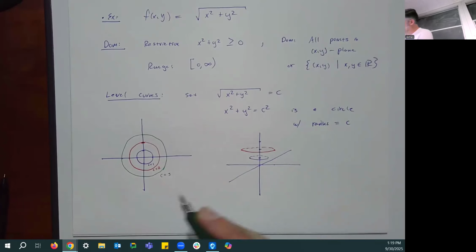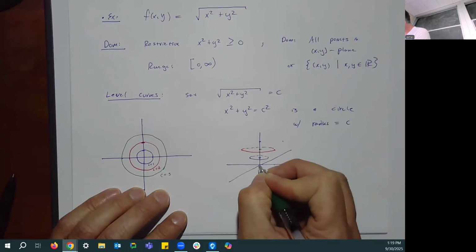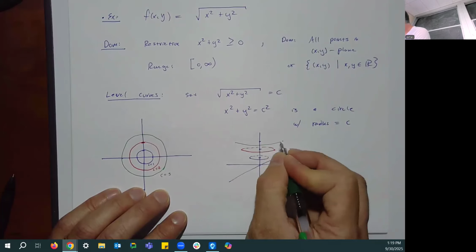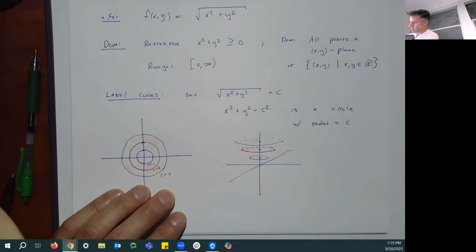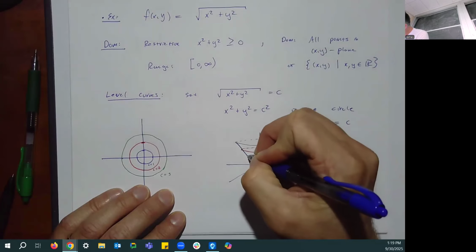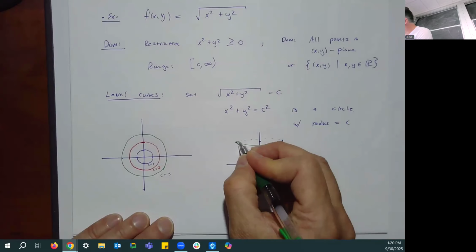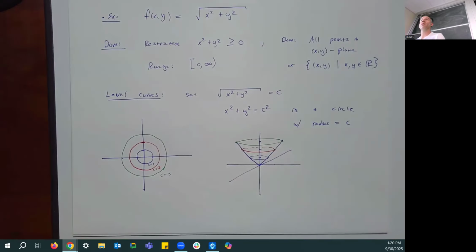And up to a height of 3, you're getting that circle of radius 3. And if we actually connect the dots here, it looks like not a paraboloid, but a cone.